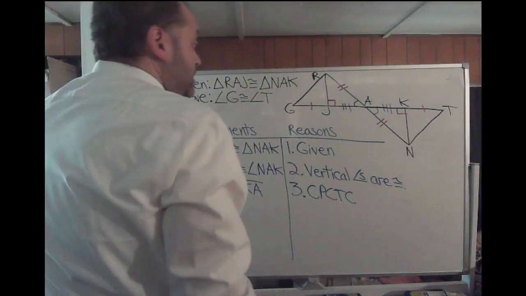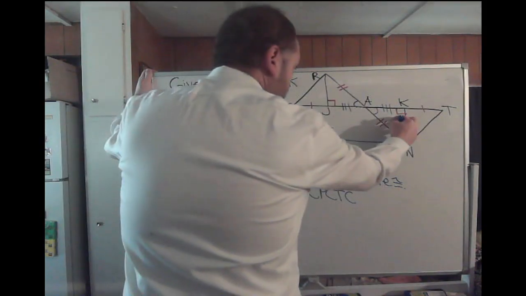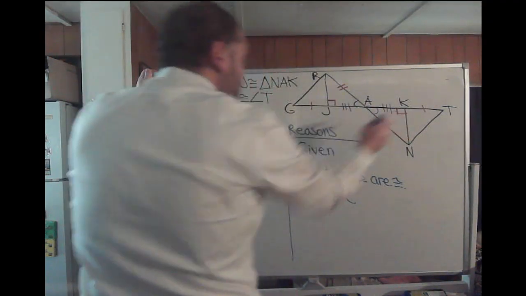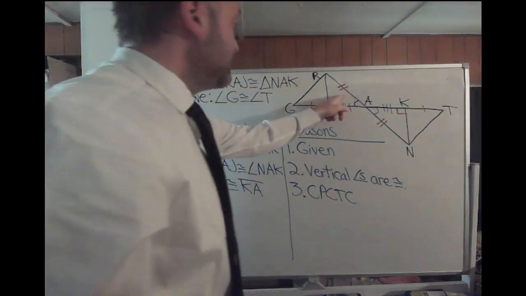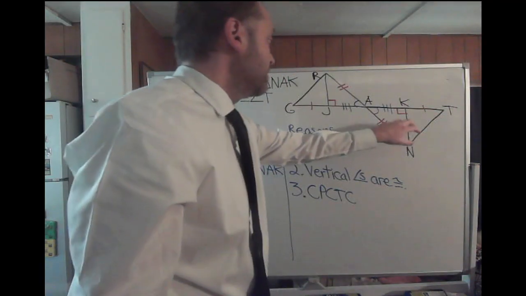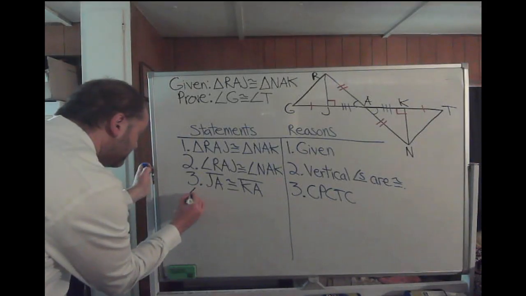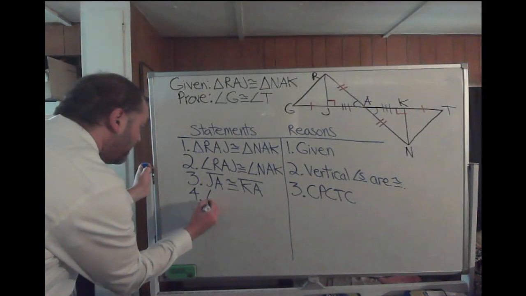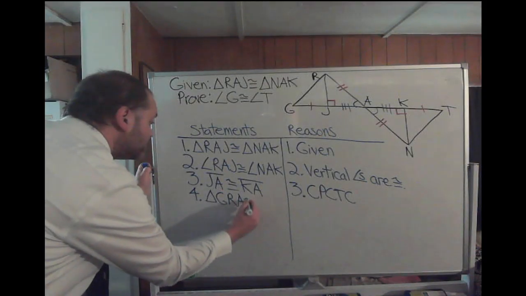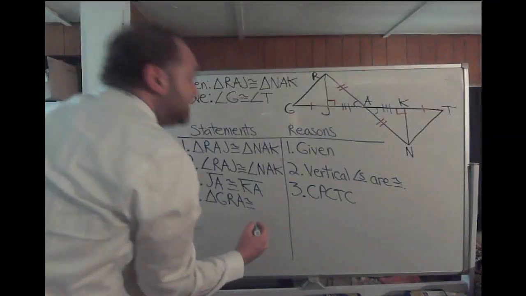So let's look now. These look like two triangles here split into two, don't they? If you consider each whole triangle, you have a side, an angle, and a side that are congruent to each other. So we can actually now say that triangle GRA is congruent to triangle TNA.